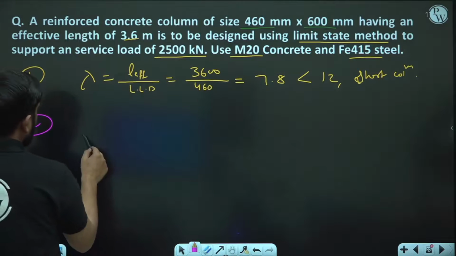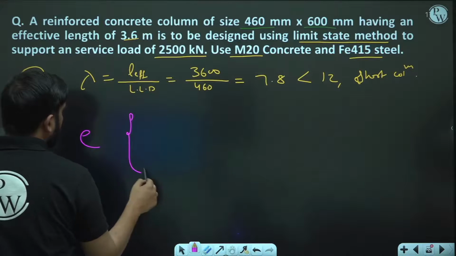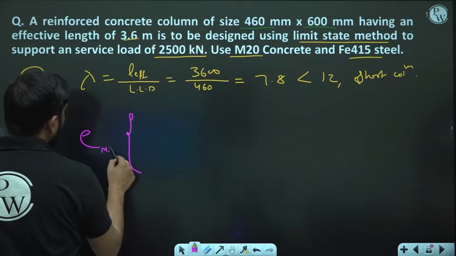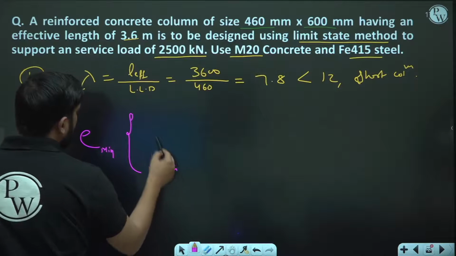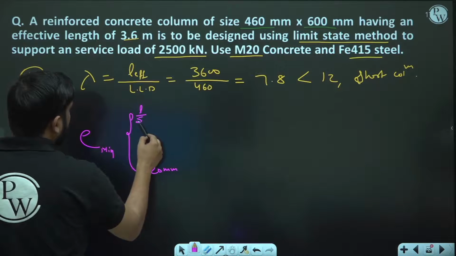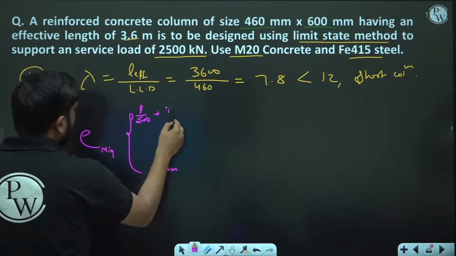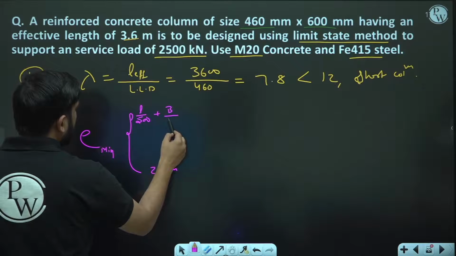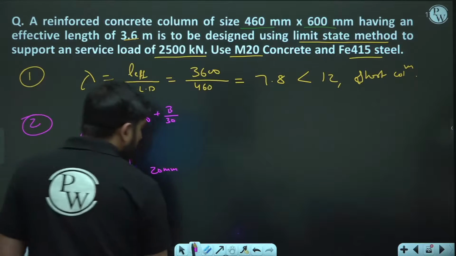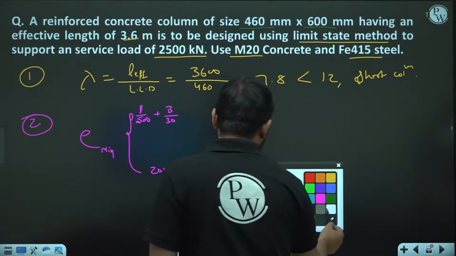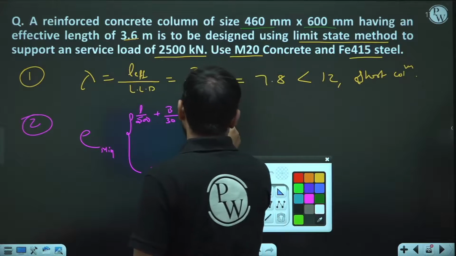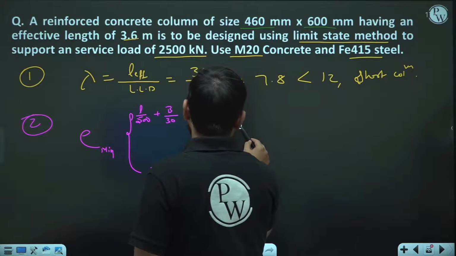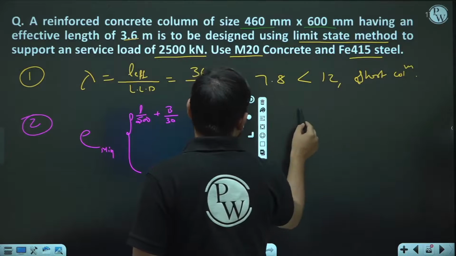We know that E minimum is the maximum of 20 mm and L by 500 plus B by 30. Here B by 30 is to be calculated two times, one for this scenario, and another one for this scenario.